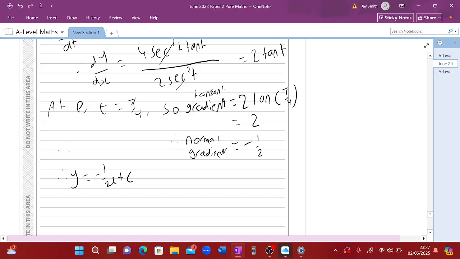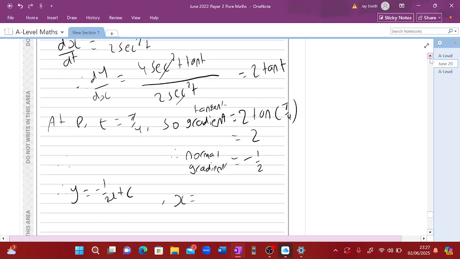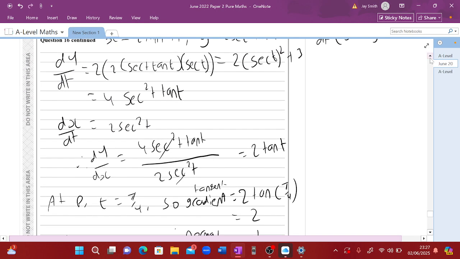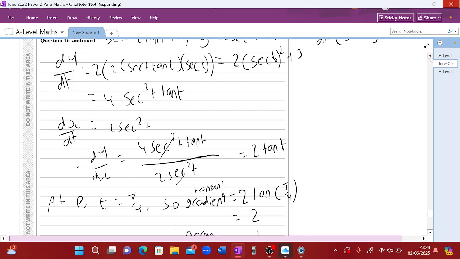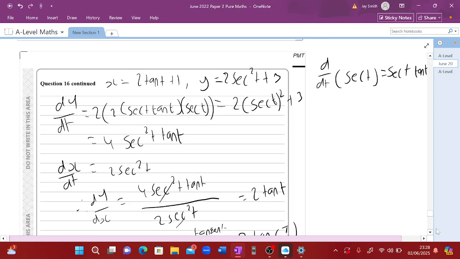Now, we need to find c. How are we going to do that? Well, we know the point. We know t is pi over 4. So therefore, x at t of pi over 4. Remember, x was 2 tan t add something. 2 tan t add 1.